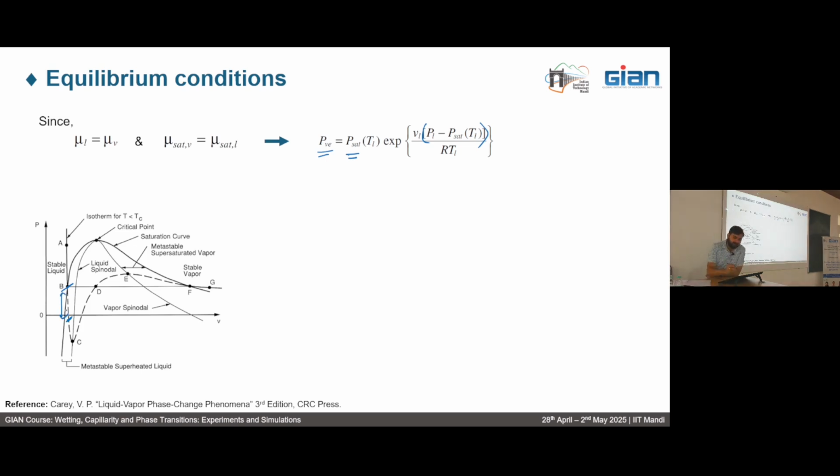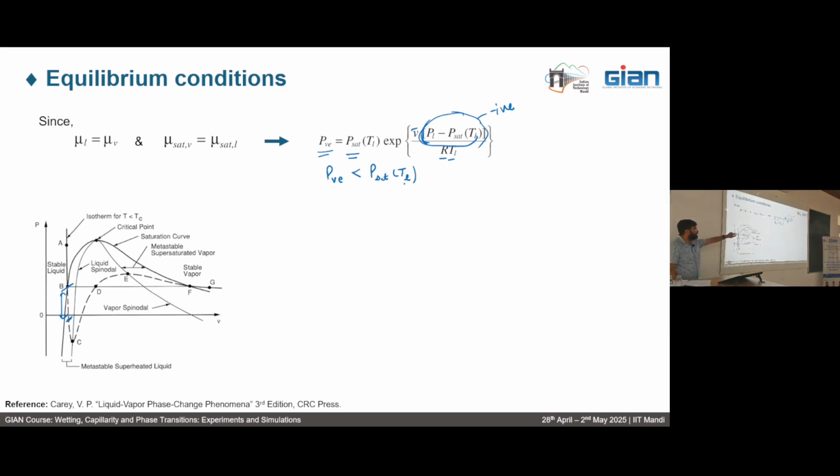It means that this term would always be a negative term. The other terms inside this bracket are all positive terms. And exponential raised to the power negative is less than 1. It means that PVE must be less than P saturation at TL.